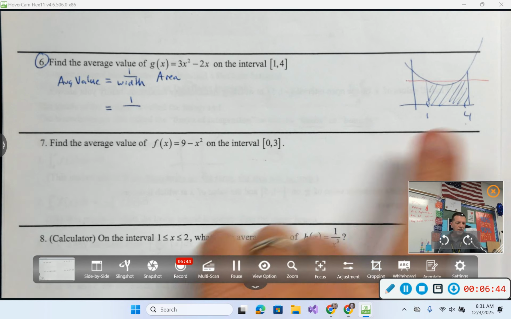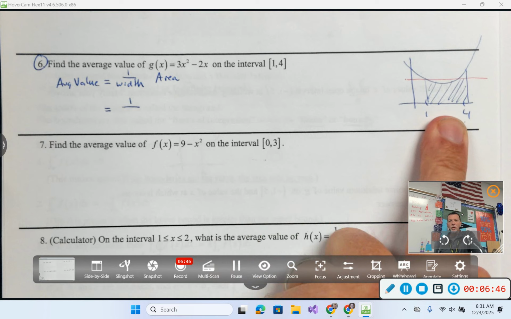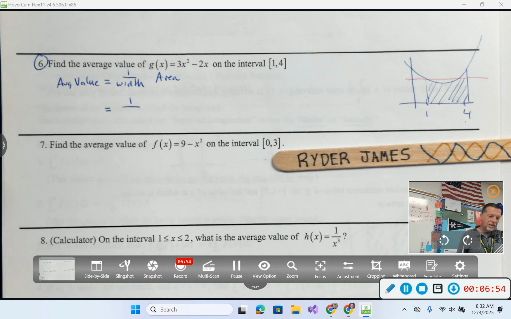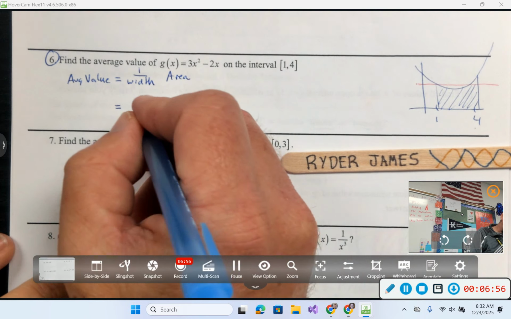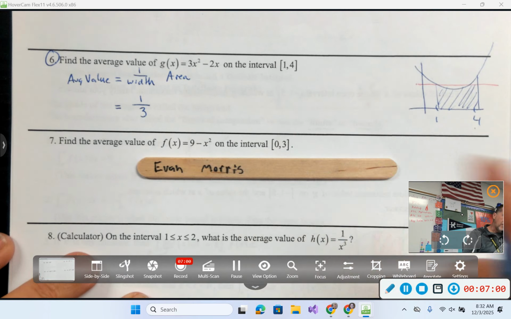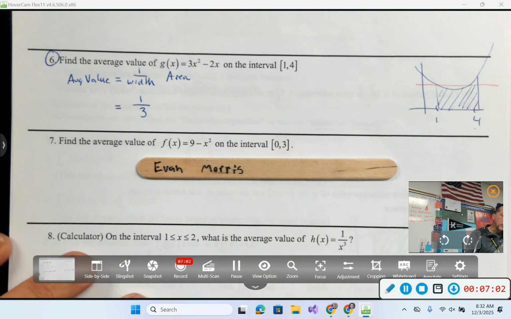Also helps me see visually what's the width of that region. Picking on people here. Ryder, what's the width of that region? 3. And Evan, how do I find the area of that blue region?